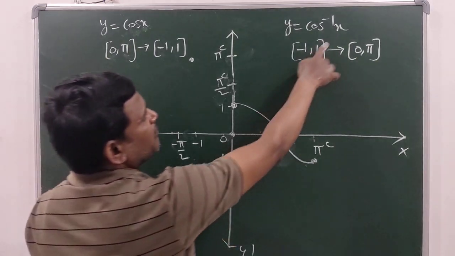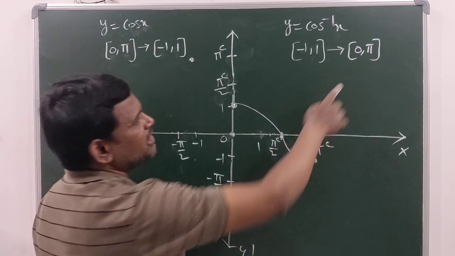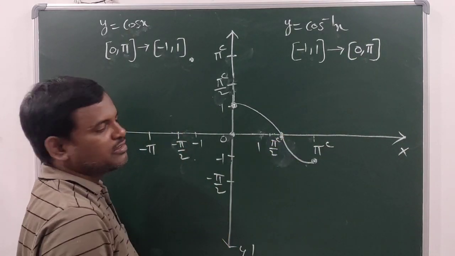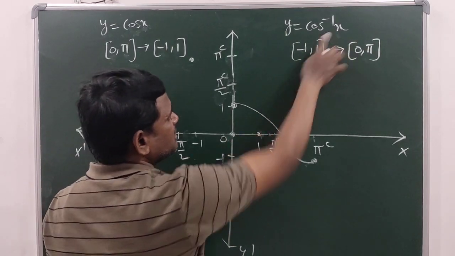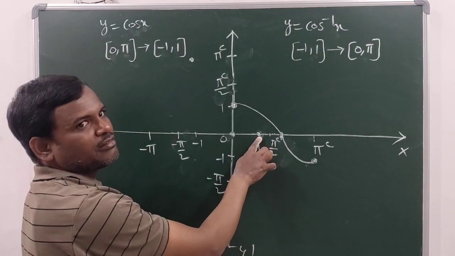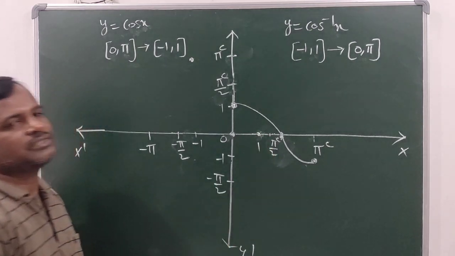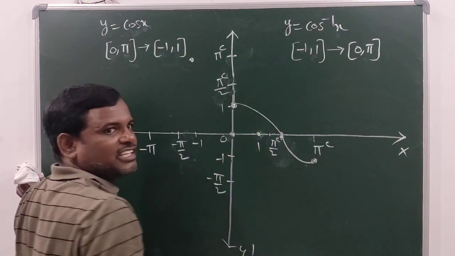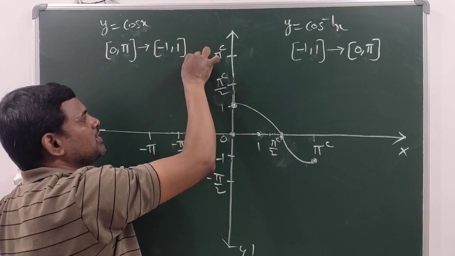When you put x equal to 1, the respective range value is 0. And when you write x as 0, you will get 90 degrees. So you get the graph like this.